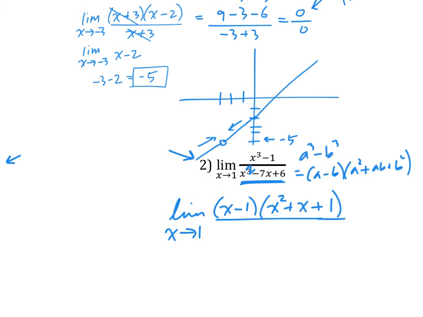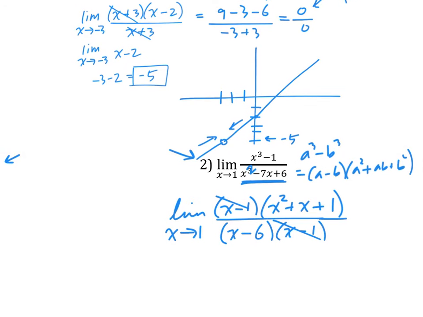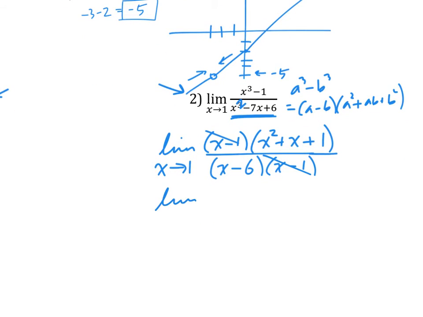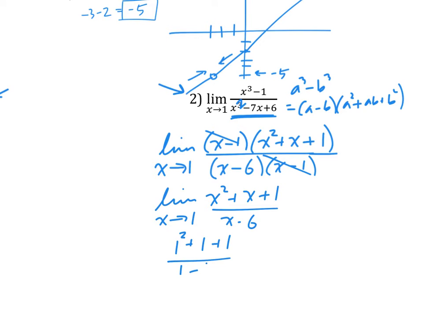In the denominator, this is x minus 6, x minus 1. And so this cancels. We are left with the limit as x goes to 1 of x squared plus x plus 1 over x minus 6. Then we plug in 1: 1 squared plus 1 plus 1 over 1 minus 6. This ends up being negative 3 over 5.